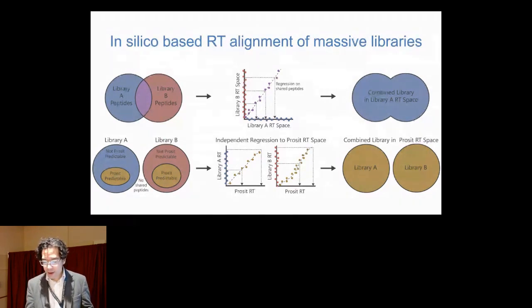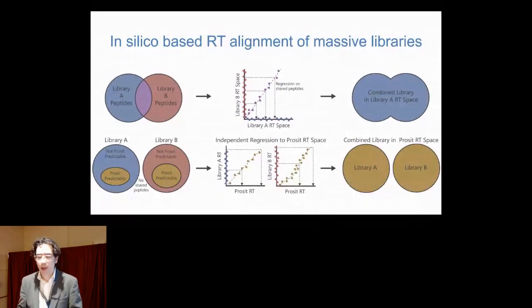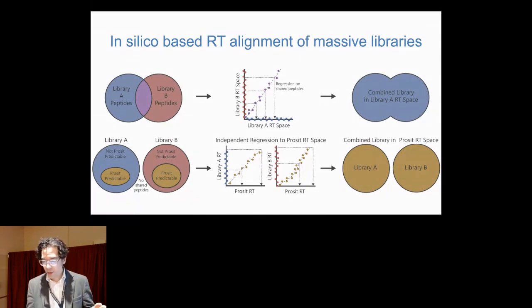And so we would use this pool of Prosit predicted peptides to put them not on a line with another data set, but in what we call Prosit iRT space, or the retention times that Prosit makes predictions of. Basically it lets us map these 2 disparate libraries, A and B, both into Prosit iRT space instead of into an actual real iRT space or real retention time space.